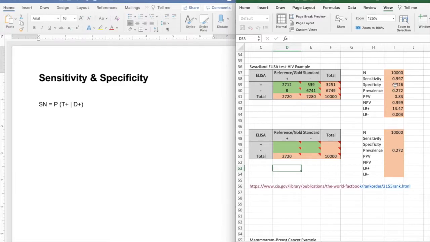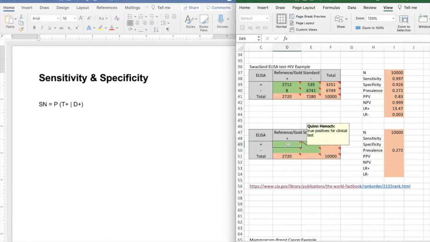So if the sensitivity is 99.7%, meaning that this ELISA test is going to come up positive in 99.7% of the people who actually have the disease, that means this block right here needs to be the number of true positives for the test.